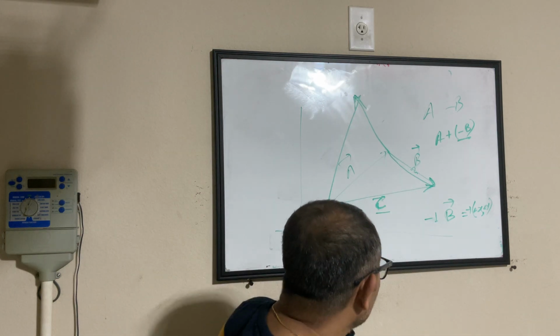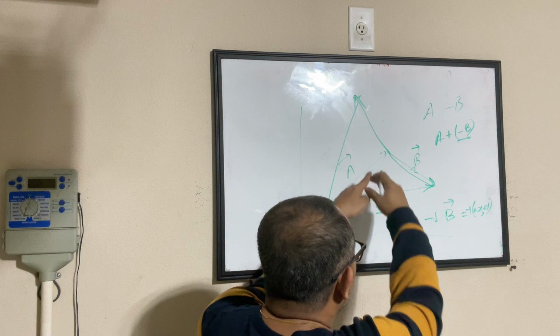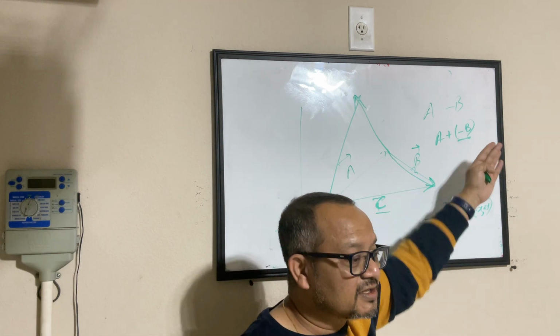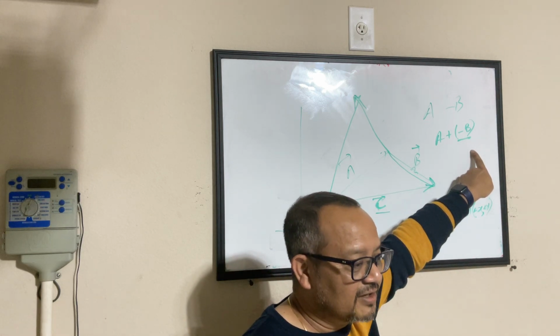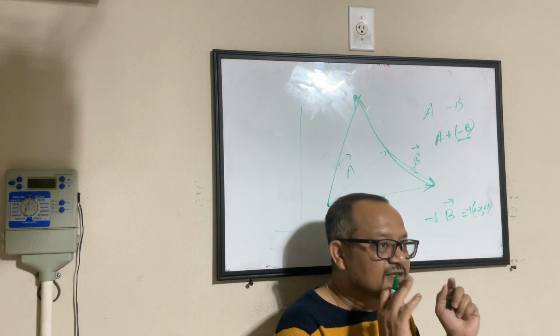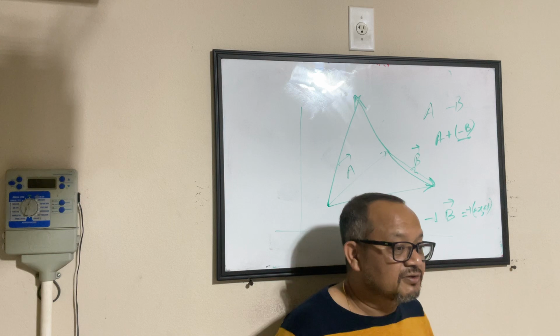As long as we can appreciate how the resulting vector C comes by putting A and B together, by adding the two things, subtraction is nothing but a scalar multiplication of the second vector, and works the same way. This is the interesting part of vectors. So far, whatever we did, there was nothing new that you learned.